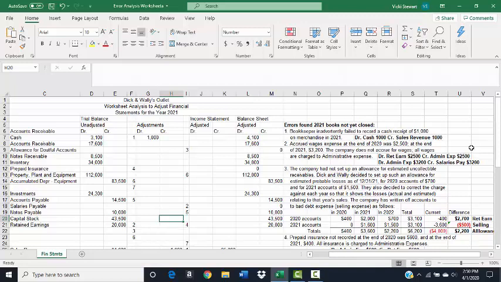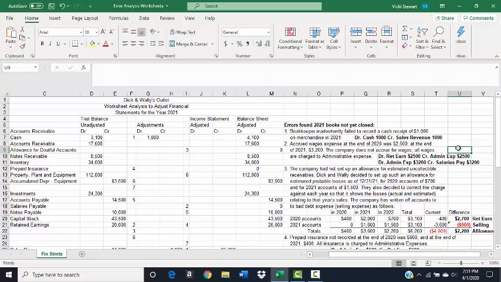Okay, so we've closed the books for 2020, so we're going to have to debit retained earnings for that $2,500 because that belonged in the prior year. And we want to credit our administrative expense for this year for $2,500 because it has those expenses that actually belonged to 2020 in this year. Okay, so that will correct the error for 2020.